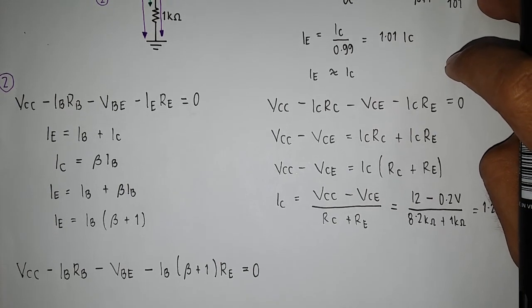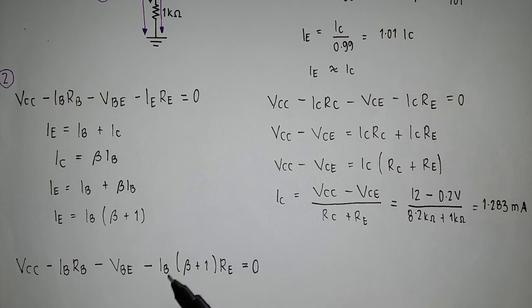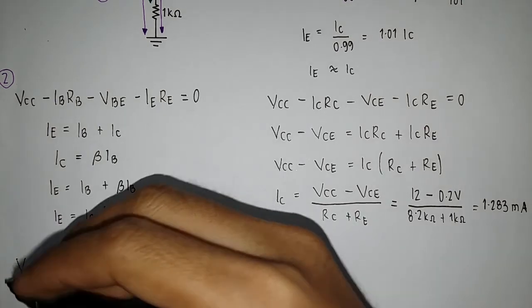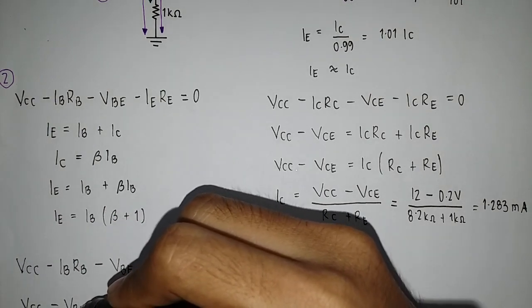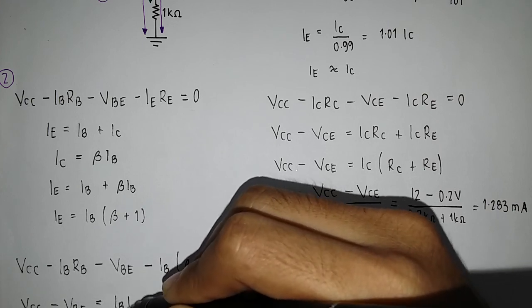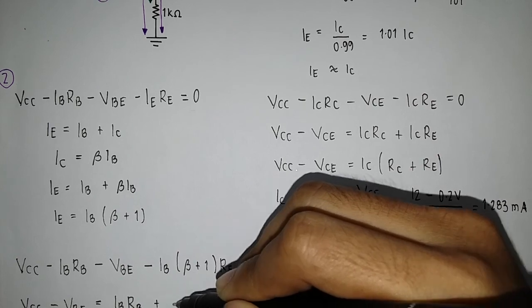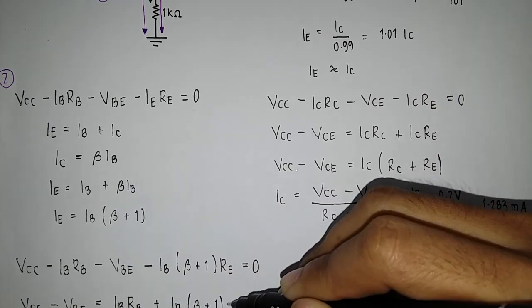So ang gagawin natin sunod, ita-transpose natin sa kabilang side, i-isolate natin yung variable na IB para makuha natin yung value niya. So mangyayari, VCC minus VBE is equal to positive IBRB plus IB times beta plus 1 RE.